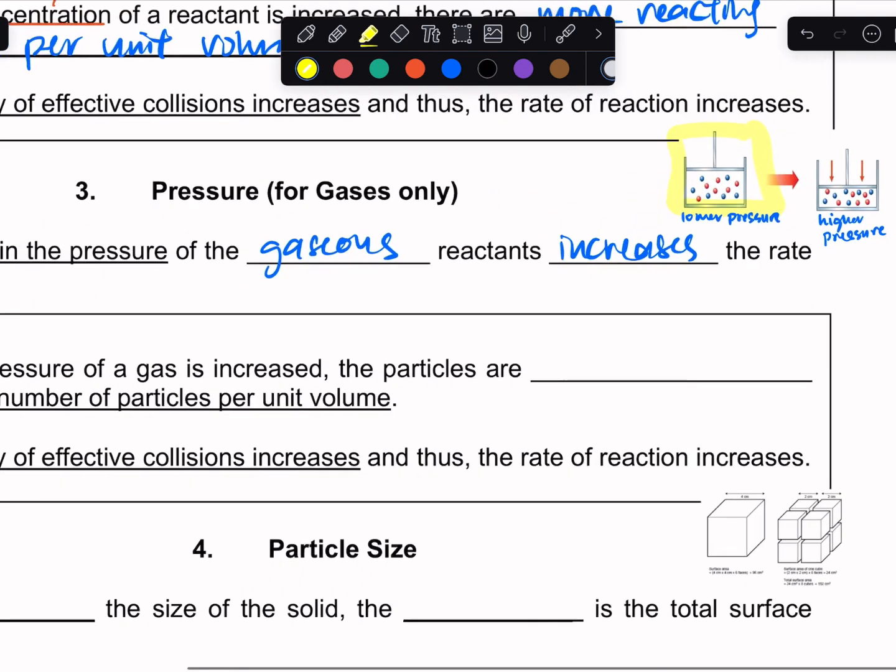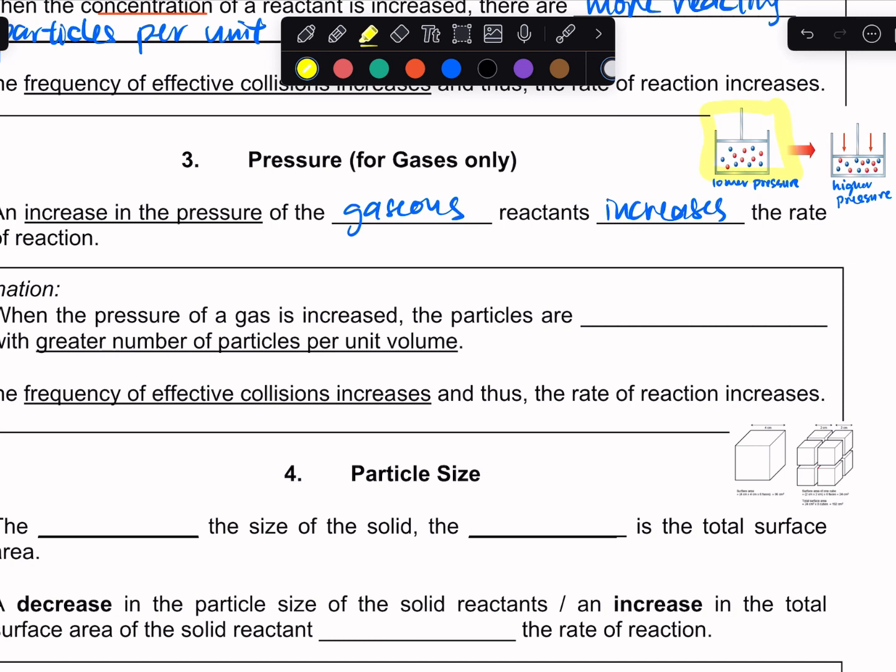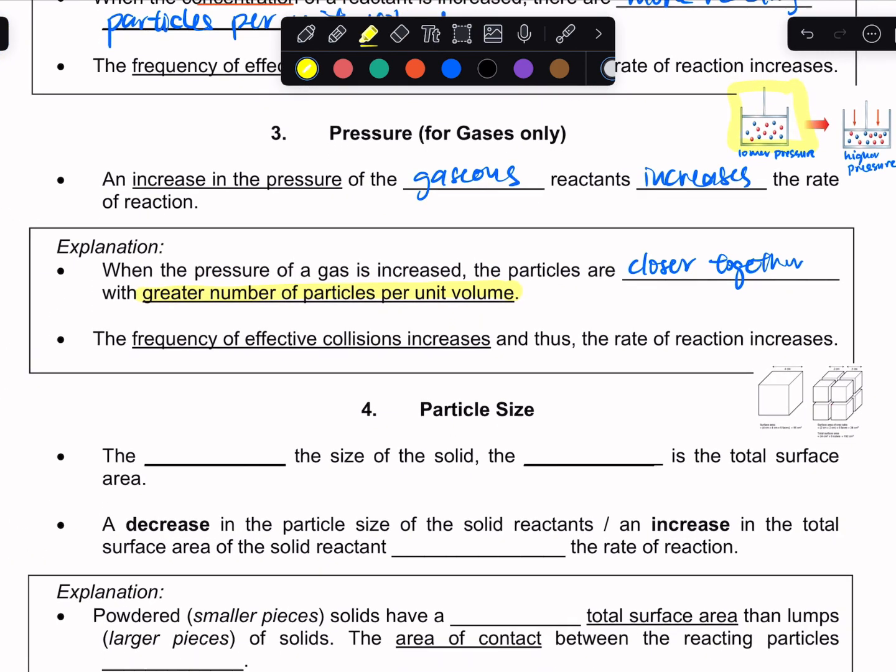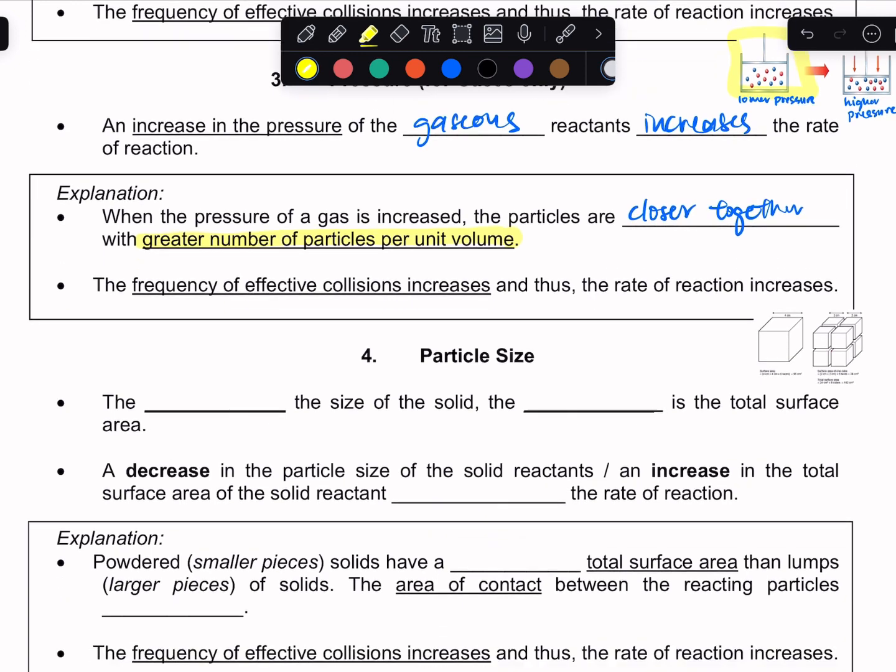Okay, so that's this part here. Closer together. Okay, so they are physically closer together with a greater number of particles per unit volume. So you can see that this part is actually the same concept as that of increasing concentration. The frequency of effective collision increases, and thus increasing the rate of reaction.